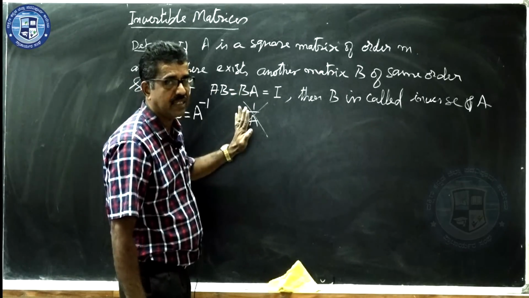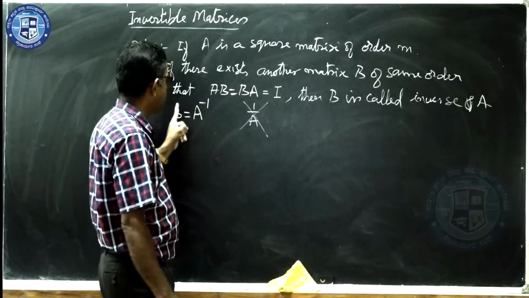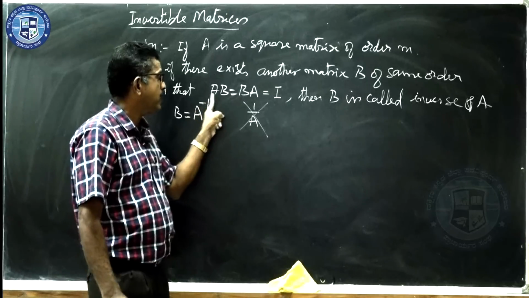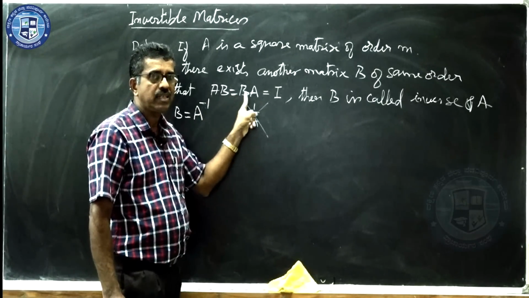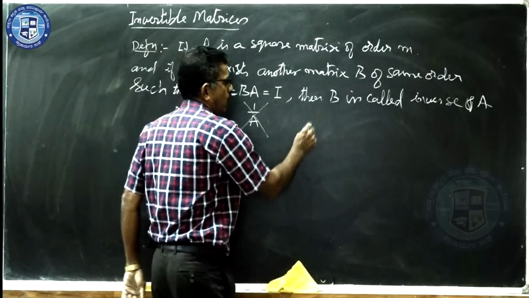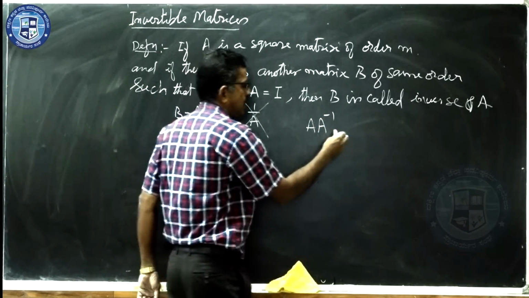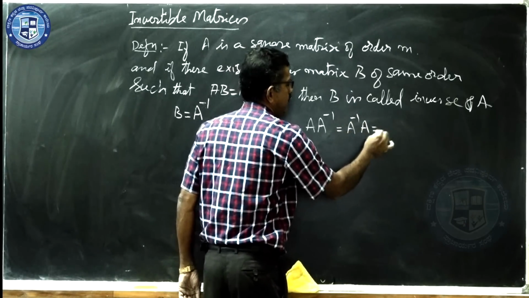It is simply the notation A inverse. A inverse is a matrix, and it satisfies the condition that A into A inverse is equal to A inverse into A, and it must be equal to identity.